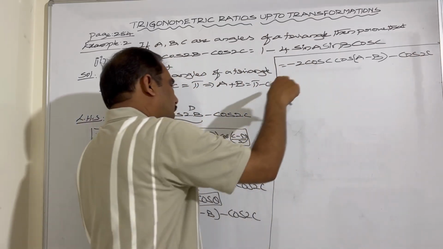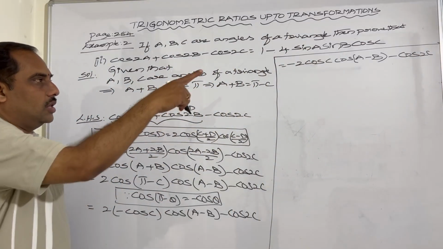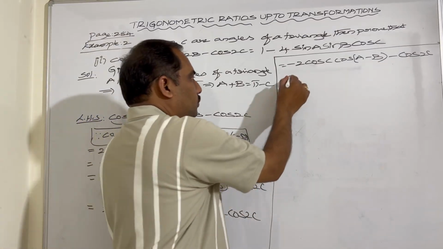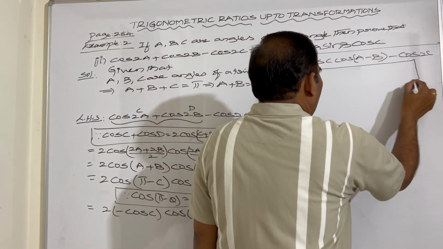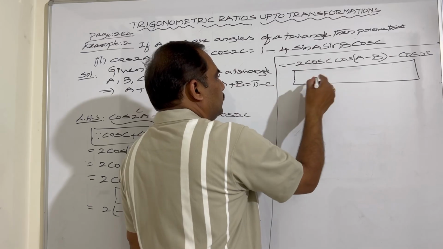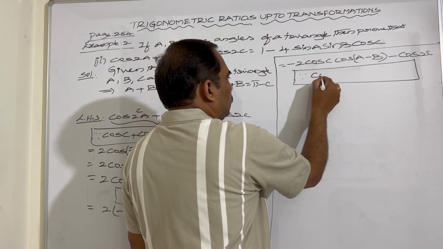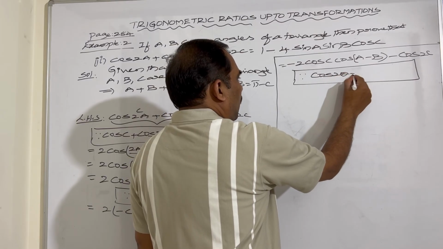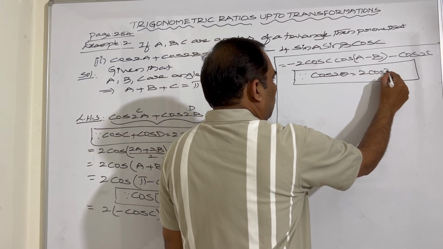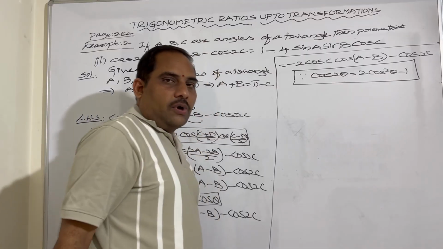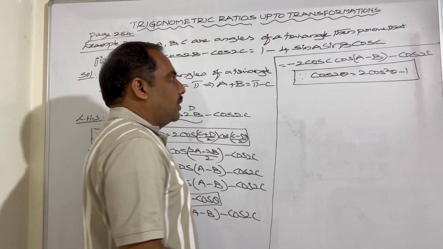Here we have 2 cos C and cos 2C. Cos 2C also should be written in terms of cos C. So we apply that cos 2 theta is equal to 2 cos square theta minus 1.